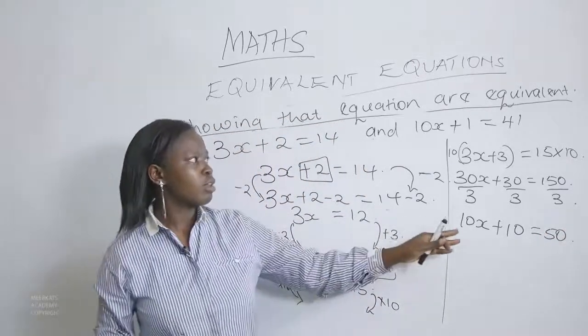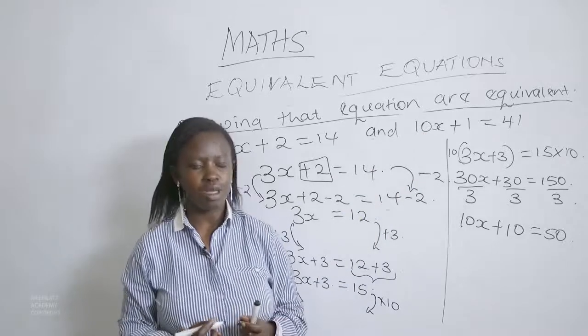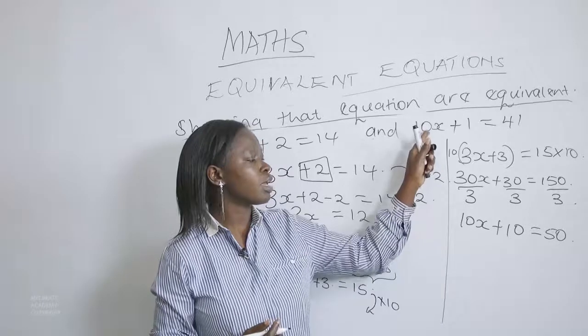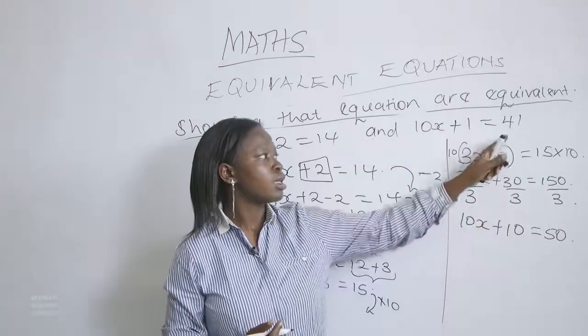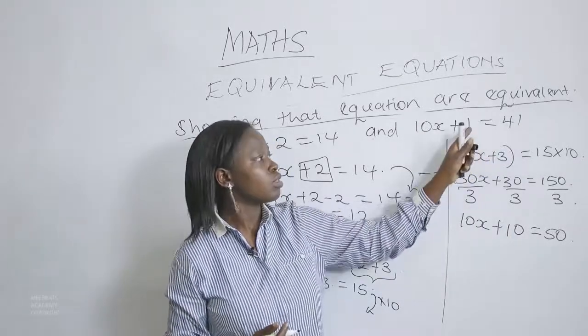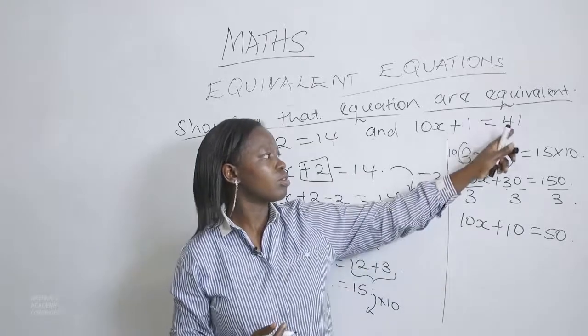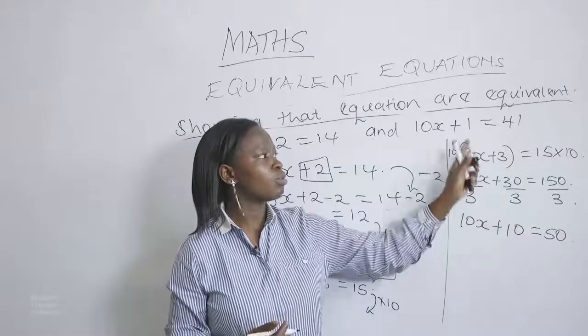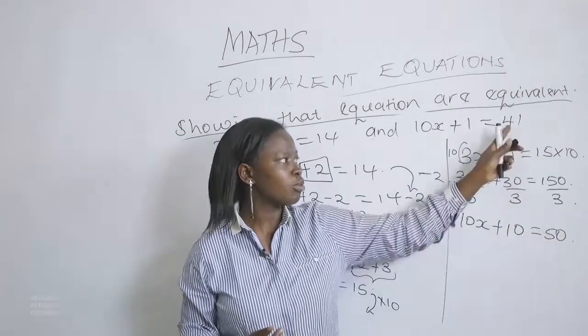So from here, it is possible to obtain the given equation. The only thing left is we have the 10x. This is 10, this is 1, this is 41, this is 50. So we need to make our 10 to be 1, we need to make our 50 to be 41.